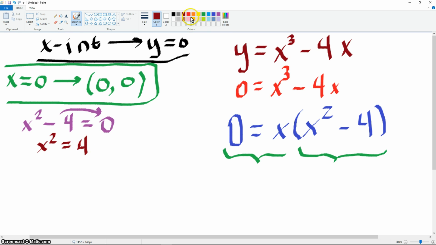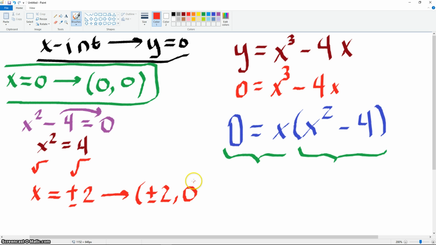However, you don't want x squared, you want x, so you're going to have to root both sides. And you get x is equal to, this is a nice number, but remember you get plus or minus, and the square root of 4 is 2, or plus or minus 2, comma, 0.